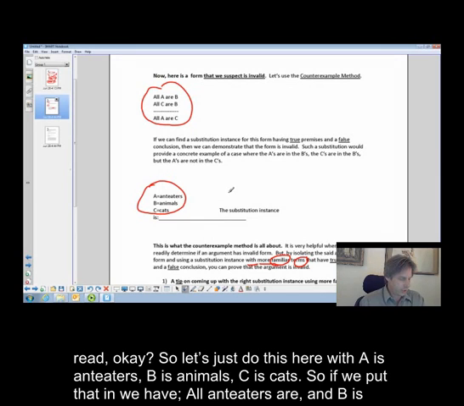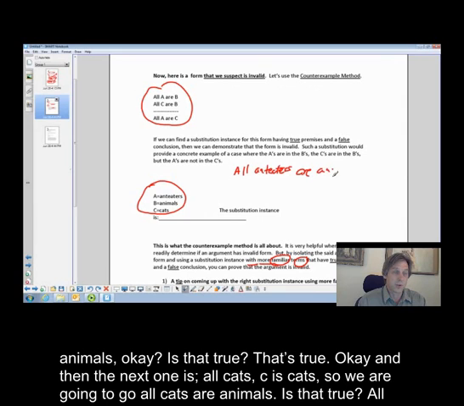So let's just do this here with A is anteaters, B is animals, C is cats. So if we put that in, we have all anteaters are animals. Okay, is that true?